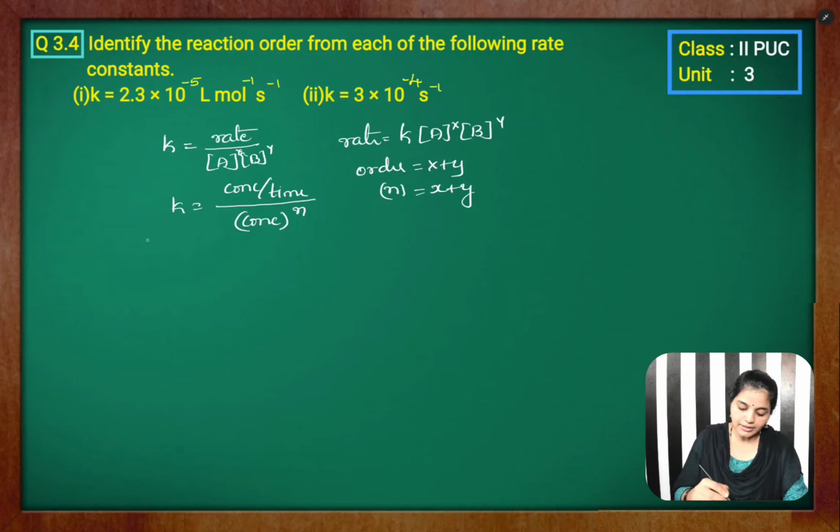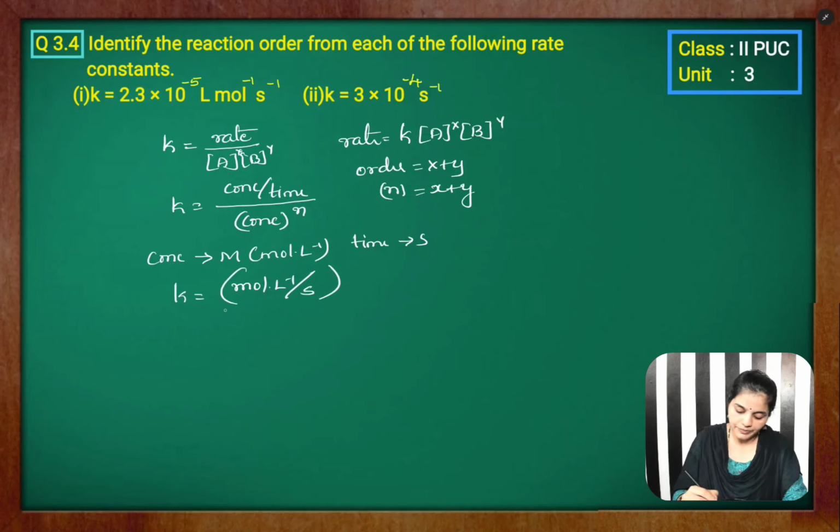If I consider the SI unit of concentration as molar, that is mole per liter, and for time the SI unit is second, then the unit of K is concentration, mole per liter, divided by time, second, divided by concentration to the power N, that is mole per liter to the power N.